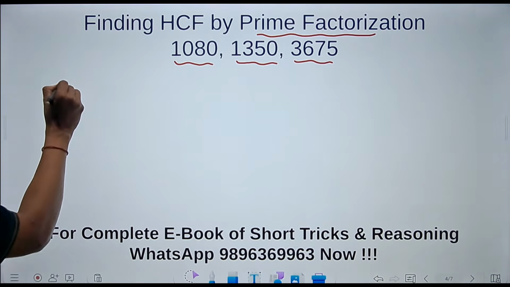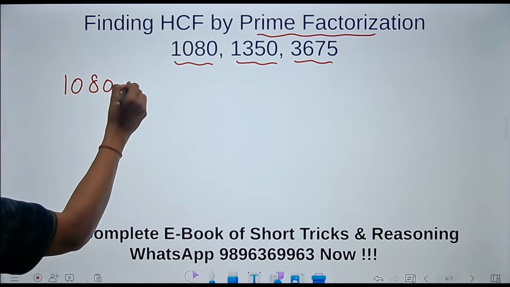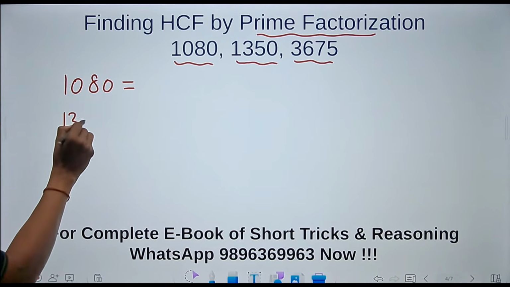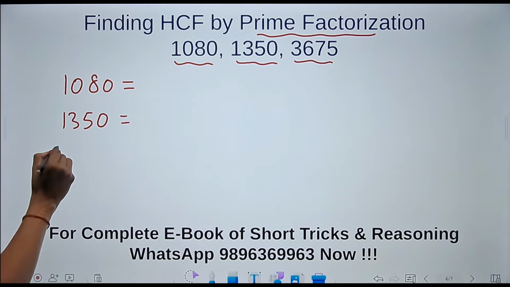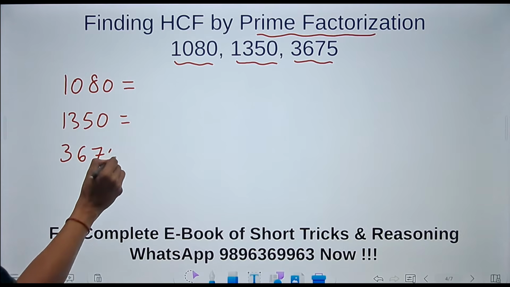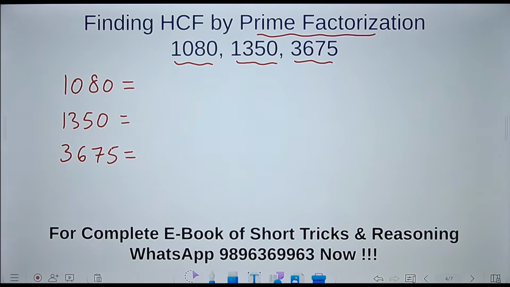Now the first number, 1080, I want to write the factors, then 1350 again the factors, and then 3675 I want to write all the factors.